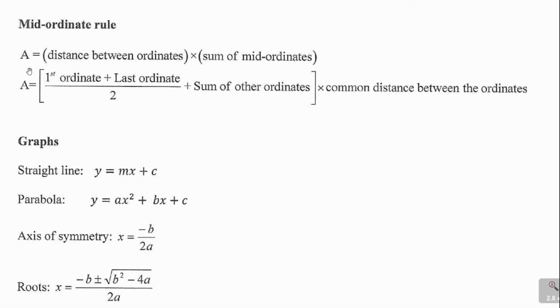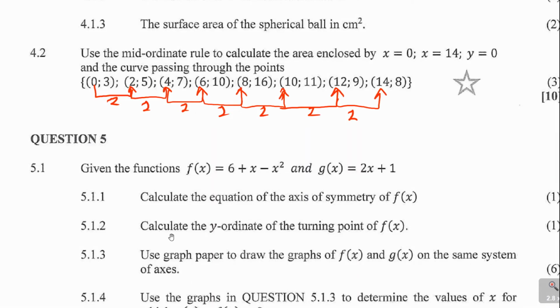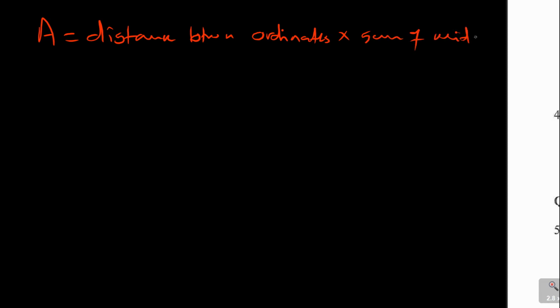The mid-ordinate rule says area is equal to distance between ordinates times sum of mid-ordinates.